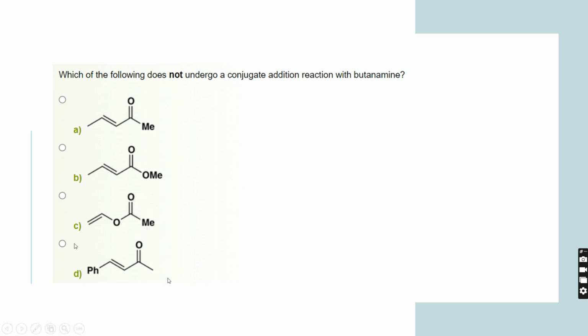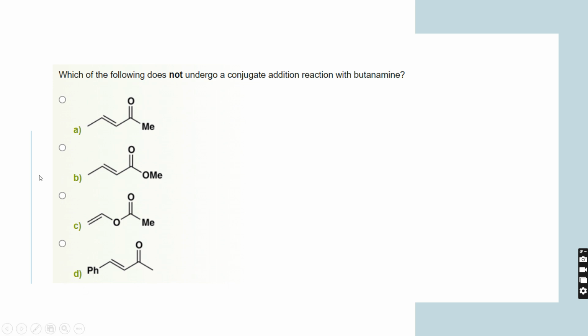And if we talk about option D, it is again a ketone only. It just contains an extended conjugation, but the electron pairs of these double bonds will anyway rush towards the carbon oxygen double bond. So here also 1,4 conjugate addition will be possible with butanamine.